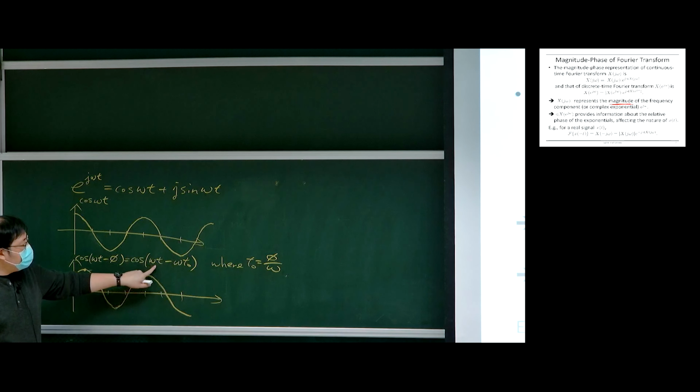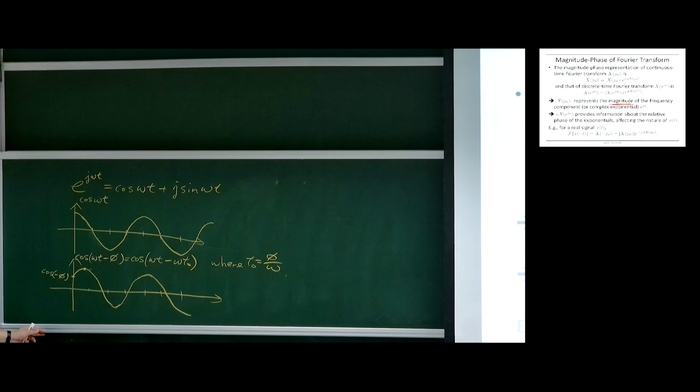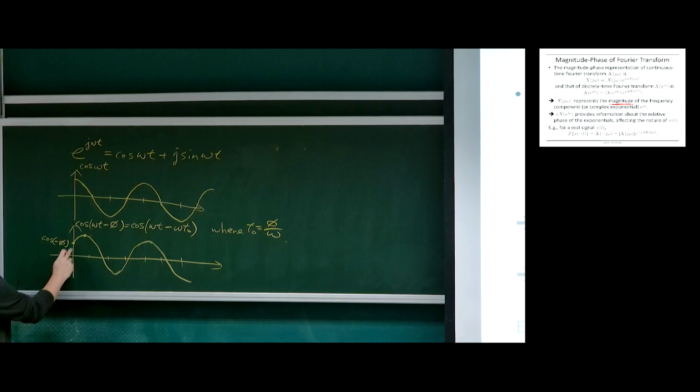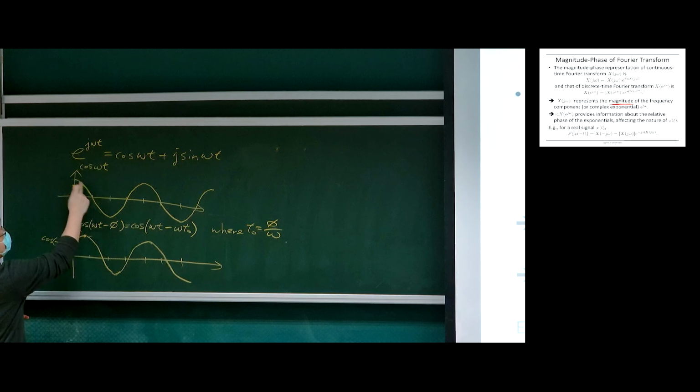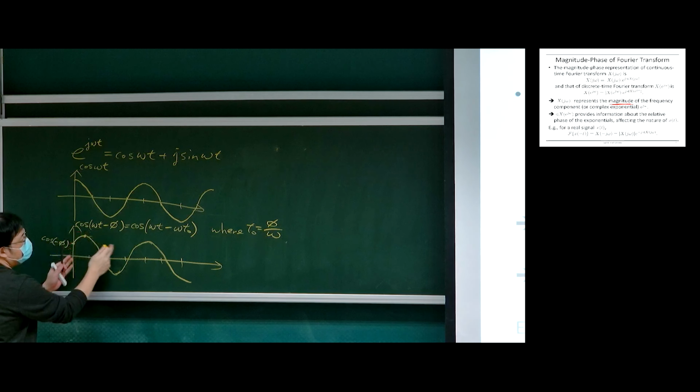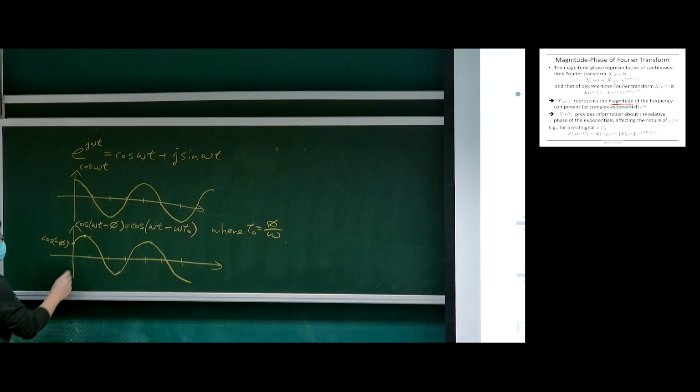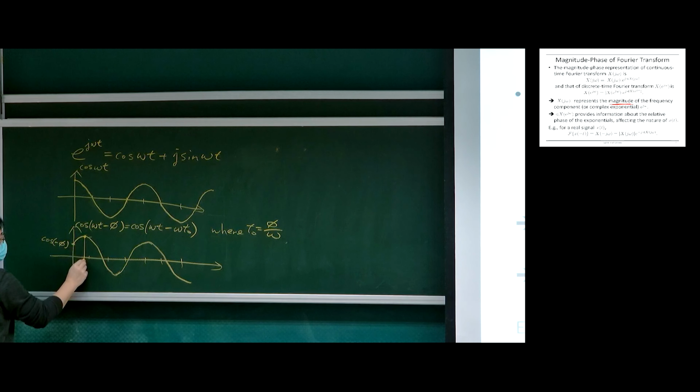If you write it like this, then you're basically saying that this sinusoid is the original sinusoid delayed by t naught. So the peak originally occurring at time 0 now occurs at t naught.